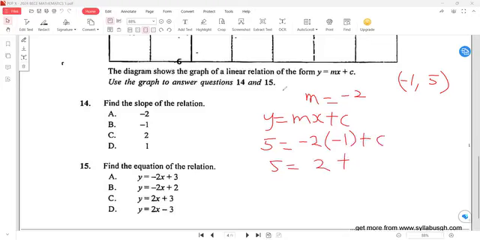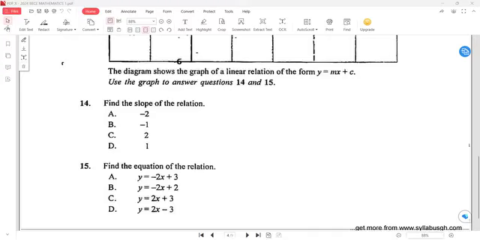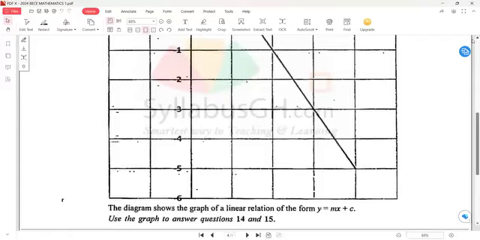Negative 2 times negative 1 is 2. 5 minus 2 is c. So our c is 3. So y should be equal to, the value of m is negative 2x plus c, which is 3. So the equation is negative 2x plus 3, which is option A for question number 15.